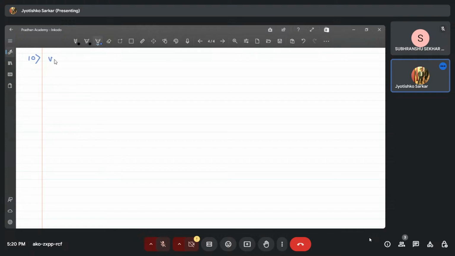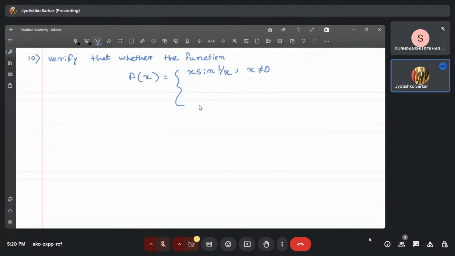Verify whether the function fx equals to x sine 1 by x, for x not equals to 0, and at 0 it is defined as 0, is continuous at x equals to 0 or not.